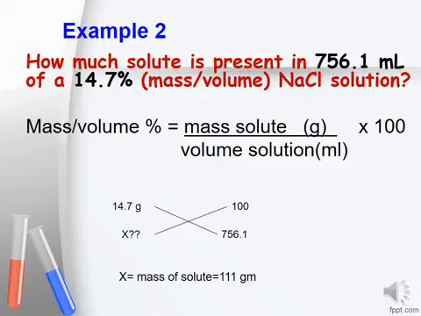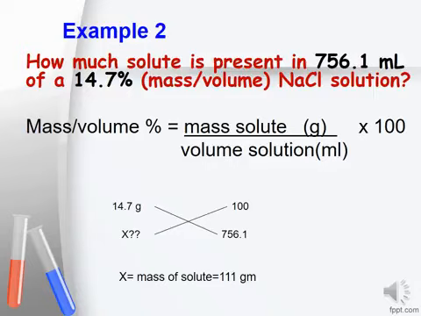By cross multiplication, or the scissor technique, the mass of solute X equals mass per volume percent multiplied by the volume of solution in milliliter, divided by 100.